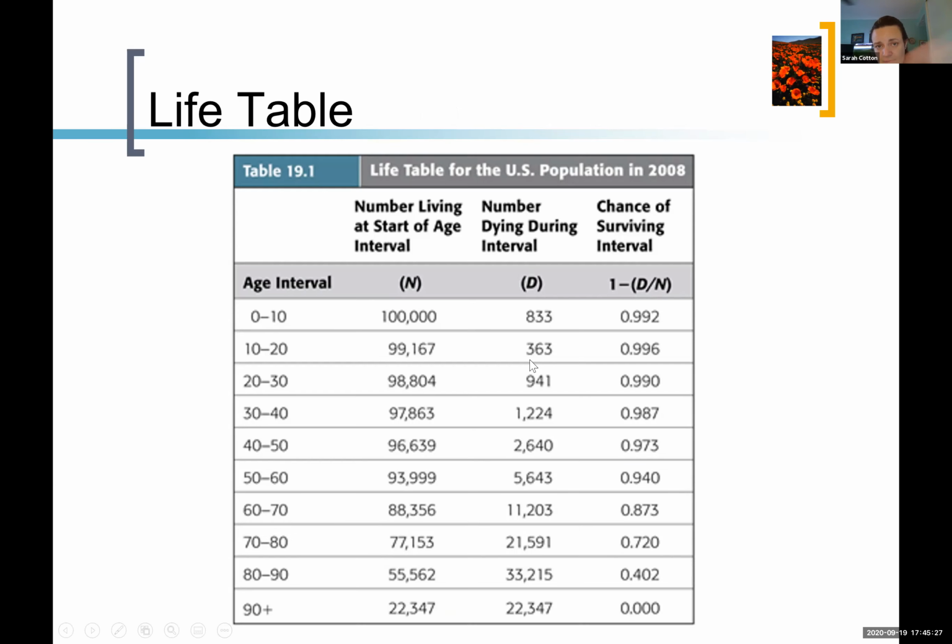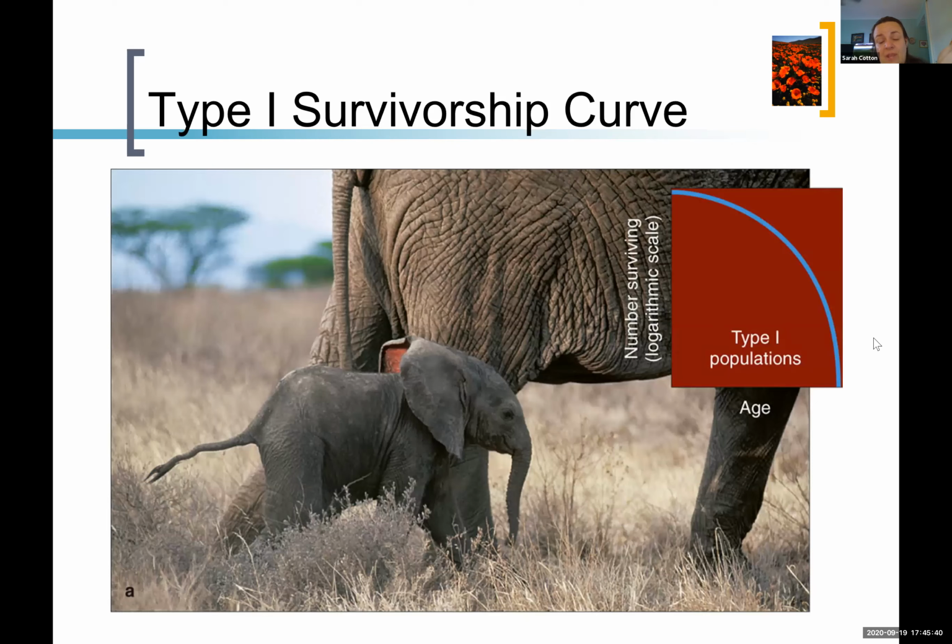So I'm not going to show you how to do it because I don't want to, and you don't want me to because it's too much, okay? But the idea is if you take this information that is stored in this life table and you turn it into a graph, you see for most organisms, one of these 3 different curves in the graph, okay?